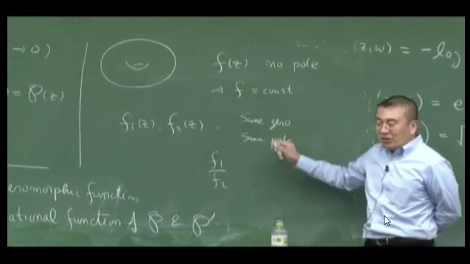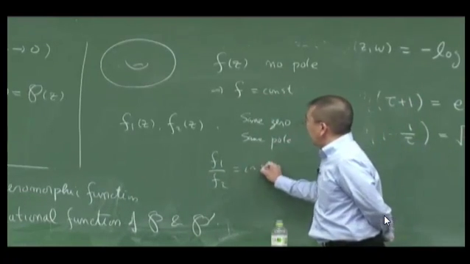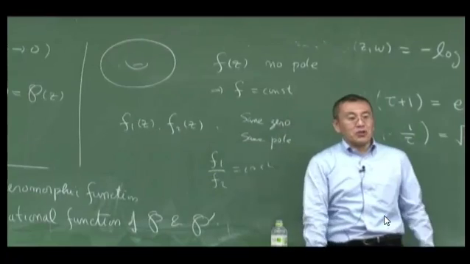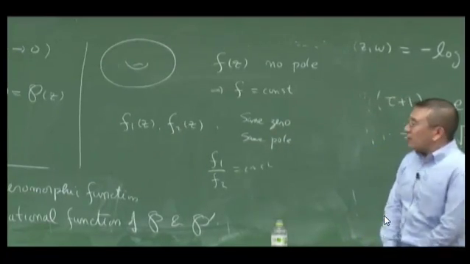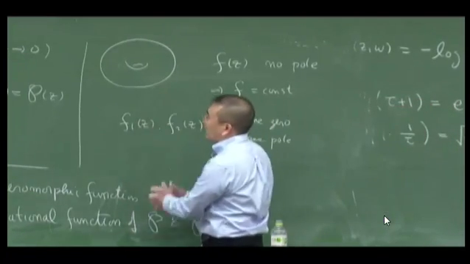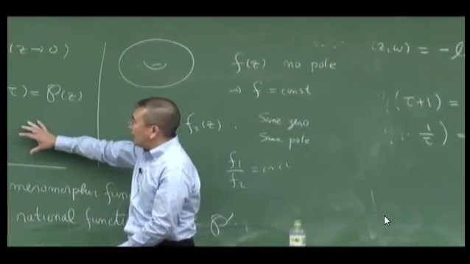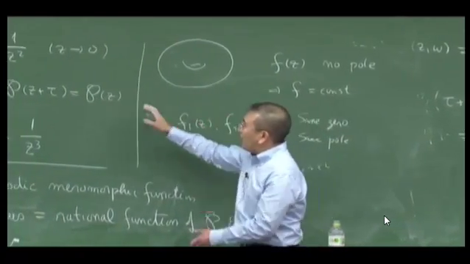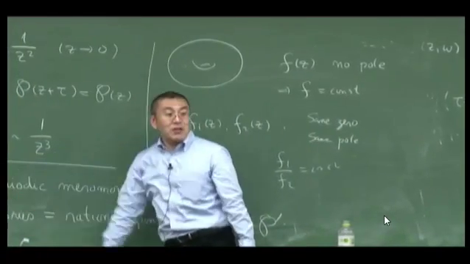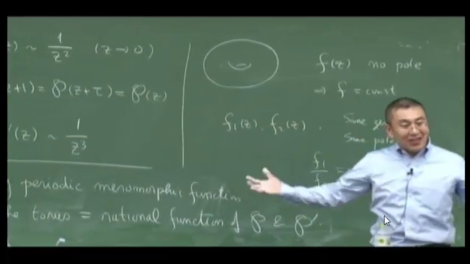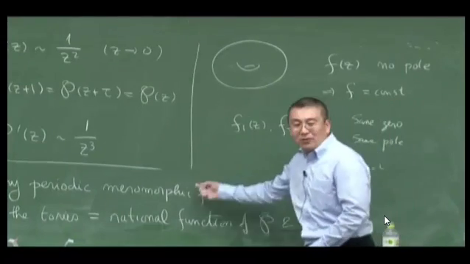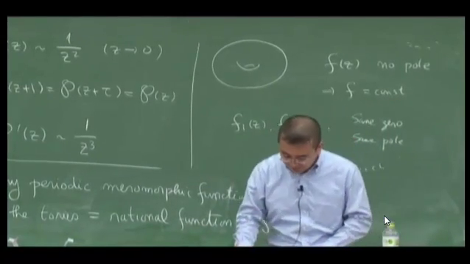Since this has to be constant, these two functions have to be proportional to each other. So that means that if you give me any function, if I can engineer so that its poles and zeros can be mimicked by p and p prime, then these two functions have to be the same. So that's a sort of proof of this statement.